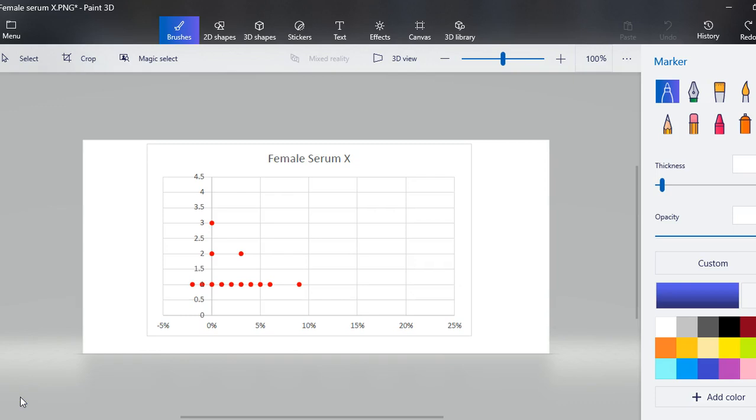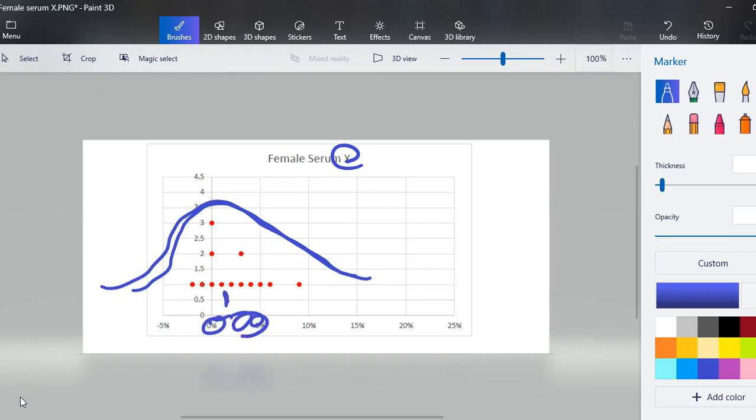And so the thing I want to note about the female serum X is when I was talking a while ago, that's not a very pretty one, but it's kind of a normal distribution, but it's centered over here on the 0, 1% region.